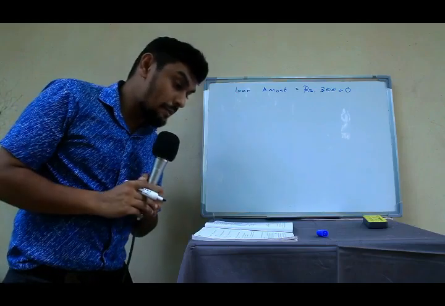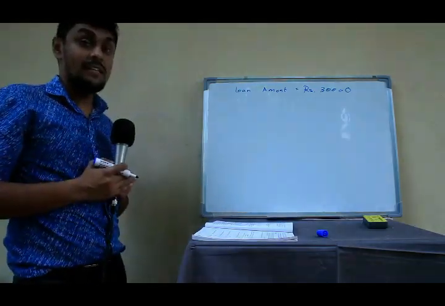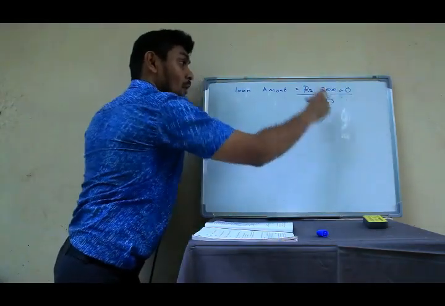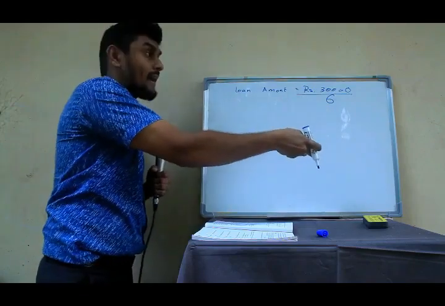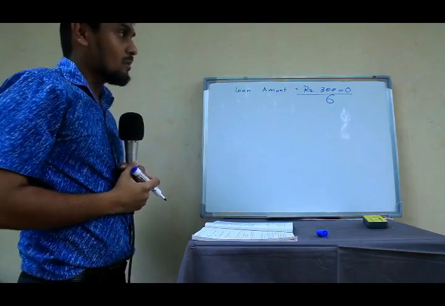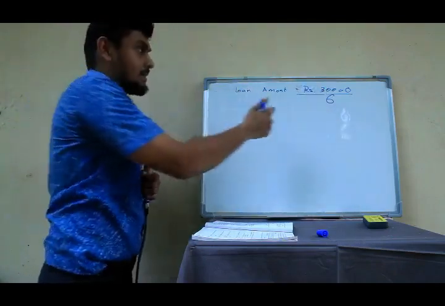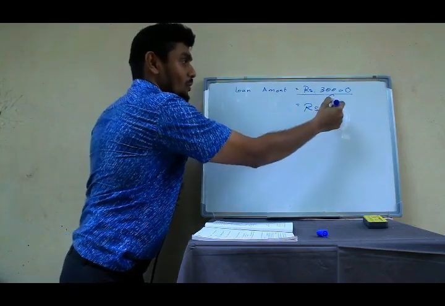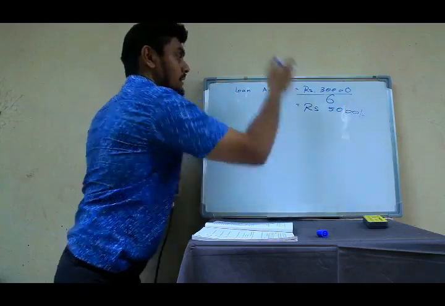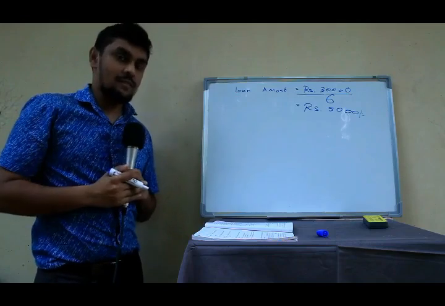The loan has to be paid back in 6 equal months. So the month period is 6. That means this amount we should pay back to the bank 6 times, each an equal value. So 6 times means 30,000 divided by 6. So you should go for 5,000 rupees for each month as the loan for 6 months.